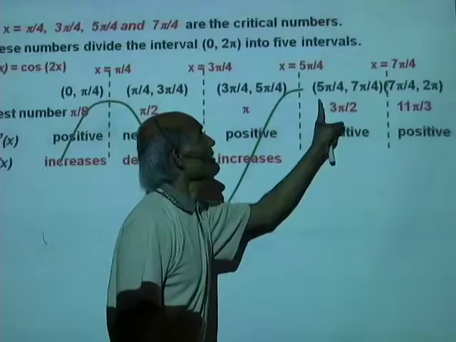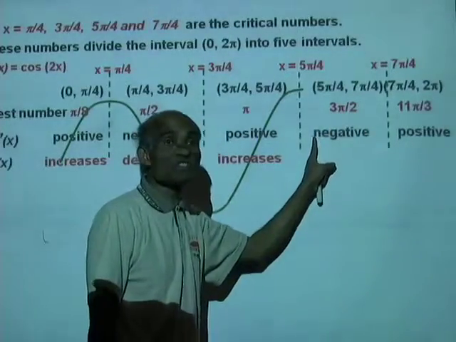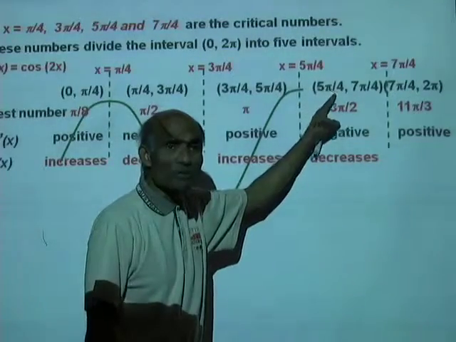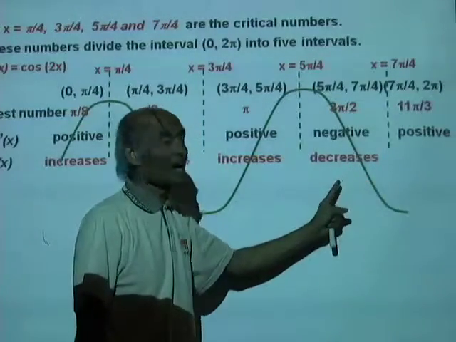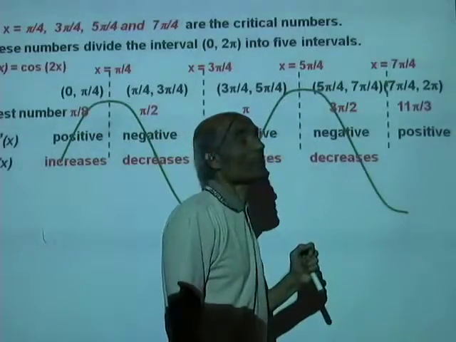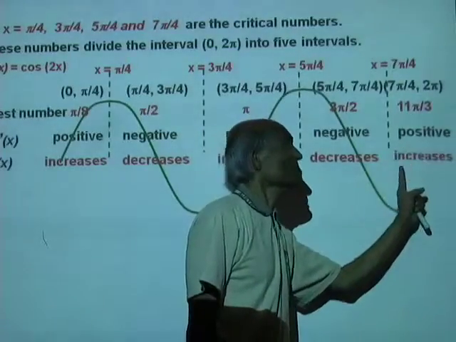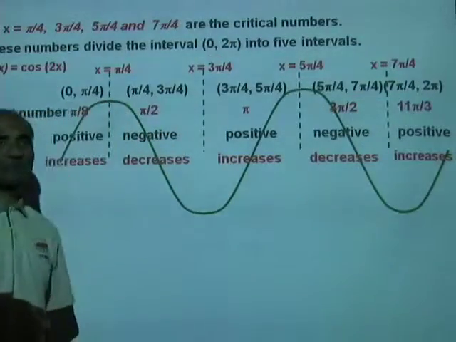And from 5 pi by 4 to 7 pi by 4, the derivative is negative, means the function is decreasing. It means it must come like this. There you go. And finally, from 7 pi by 4 to 2 pi, the derivative is positive, the function increases. There you go.